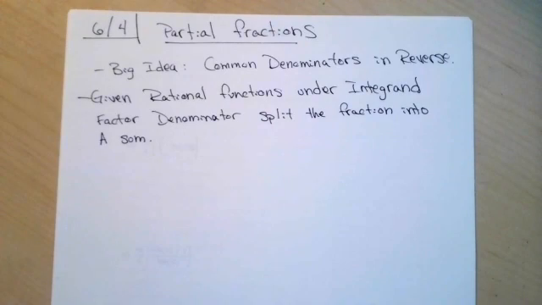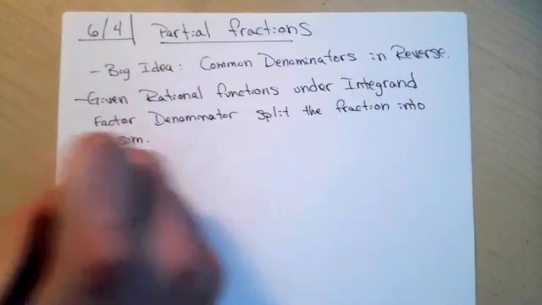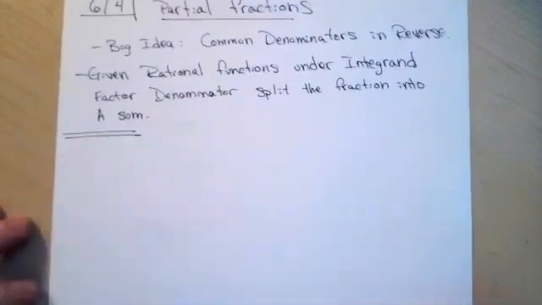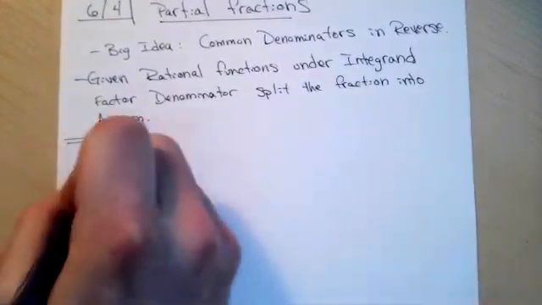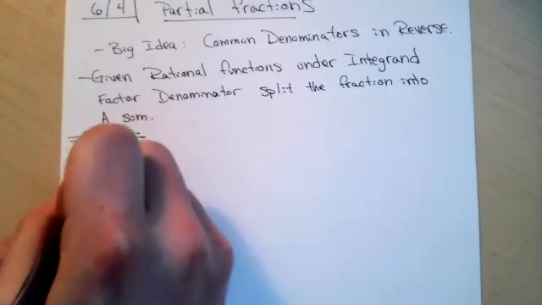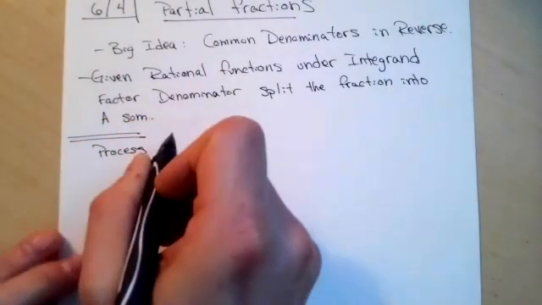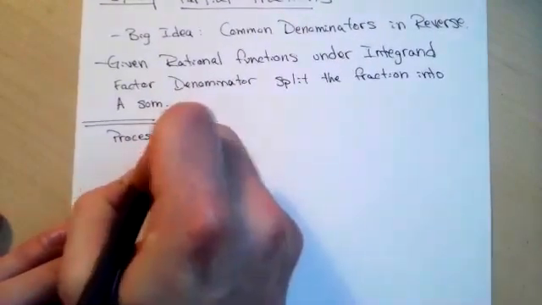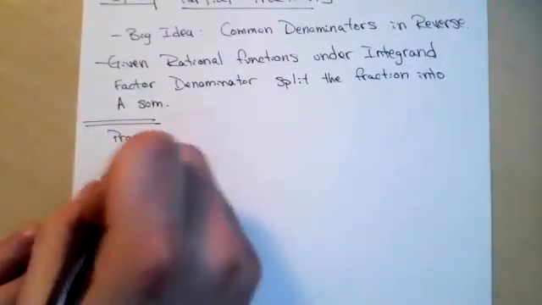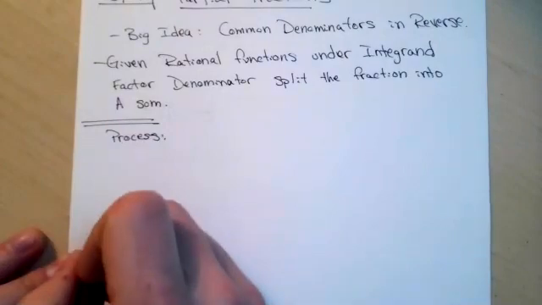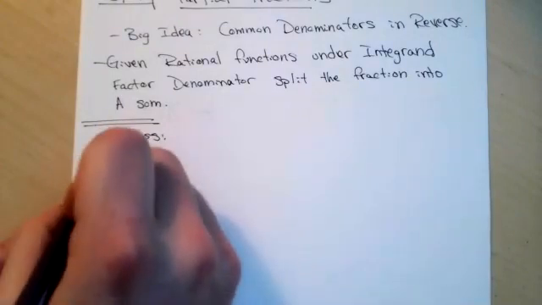Let me see if we have an easy one we can start with. Let's just go through the process real quick. So this is without integration. For example, let's just do something fairly easy.